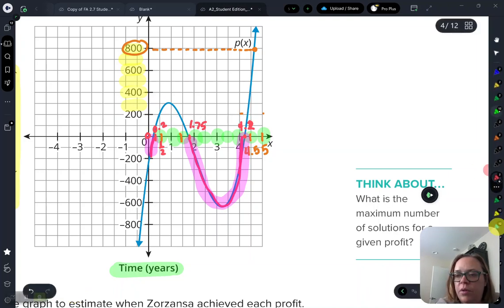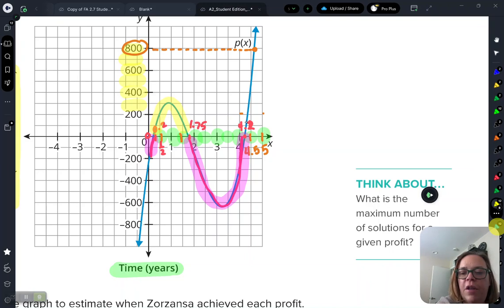So maybe I'll use yellow. Okay, so this section here is profit and this is profit. So when you're looking at whether they're making a profit or they're losing money, you're looking above the x-axis or below the x-axis. We're not looking at increasing or decreasing, although that's important, but that's not what they're asking.